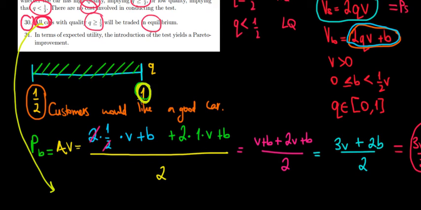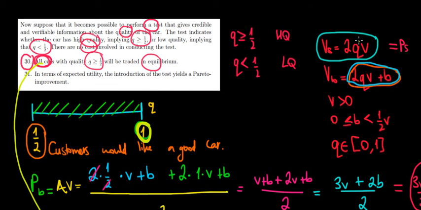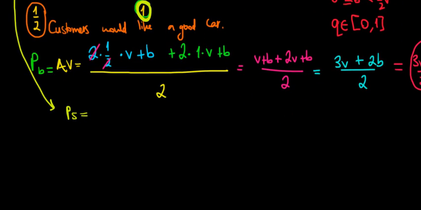So if the seller is willing to sell all cars, including the best one, he must get his price for it. The price of the seller will be based on this quality of 1, and we substitute into his valuation formula: 2 times 1 times V, which is just equal to 2V.